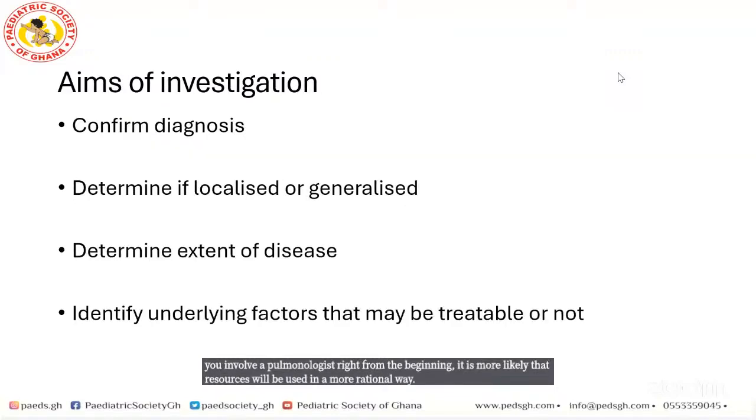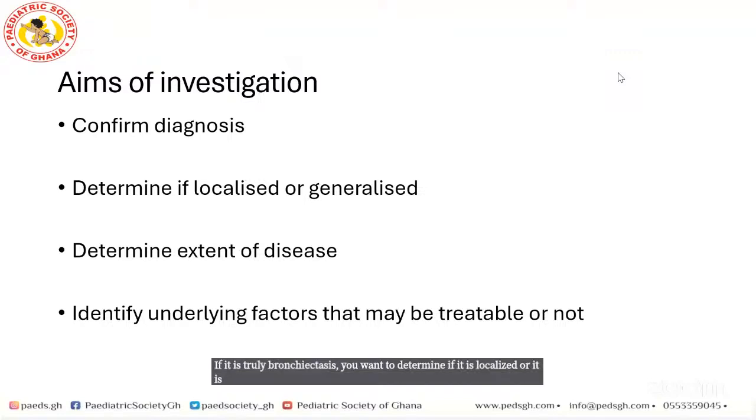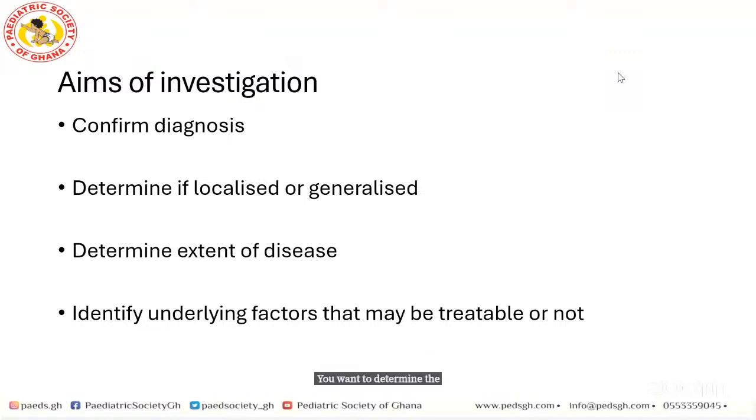Why do you want to investigate? First, you want to confirm the diagnosis. If it is truly bronchiectasis, you want to determine if it is localized or generalized, because it has an impact on how the child is managed. You want to determine the extent of disease. You want to identify underlying factors, because some of them may be treatable.